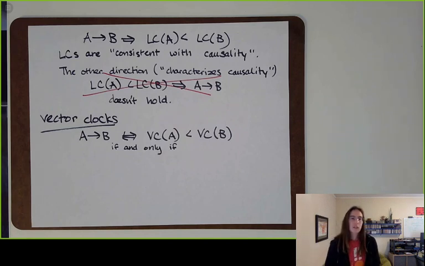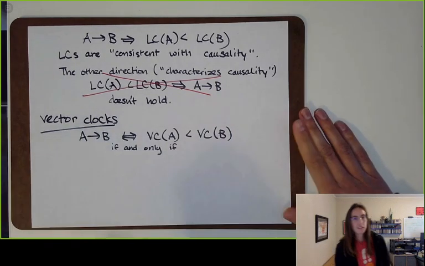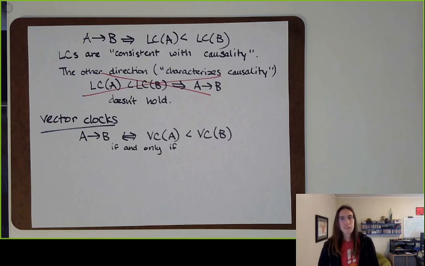Okay, so how do they work? What's the definition of a vector clock? Well, remember a Lamport clock is just an integer that's associated with an event. So, given the name vector clocks, what do you suppose a vector clock is?